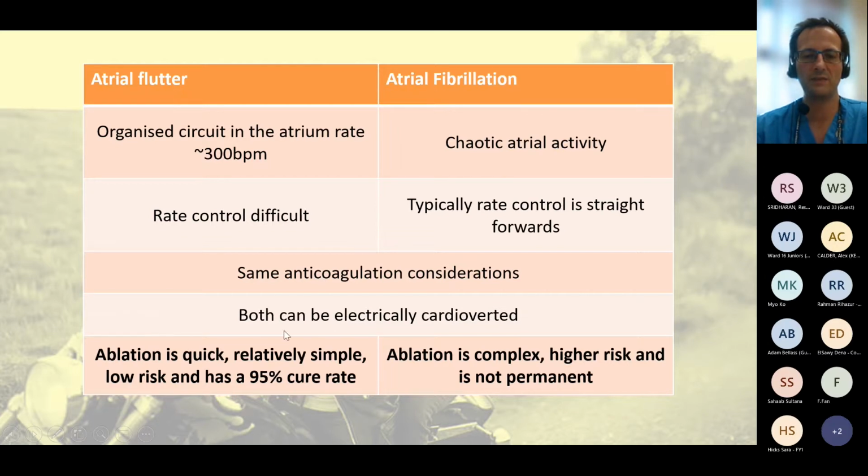But the other big difference is we can usually, for atrial flutter, there's nothing absolute, and there are some more complex forms of it, particularly that happen after AF ablation. But normal atrial flutter is relatively simple to cure and fix with ablation, and it's more likely, because rate control can be difficult, that we'll have to consider it.